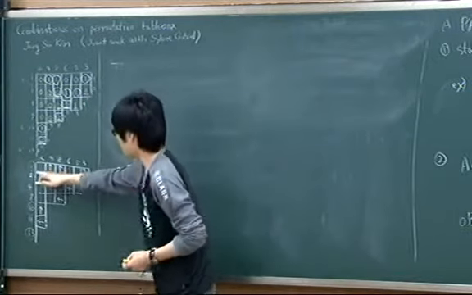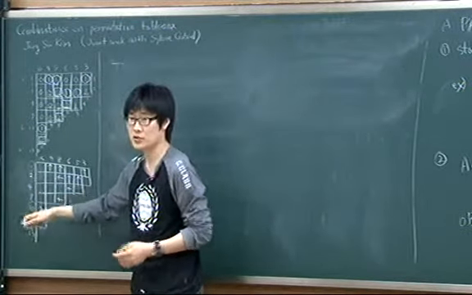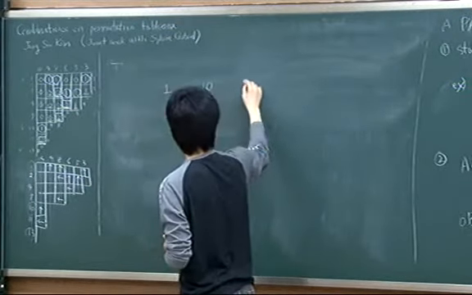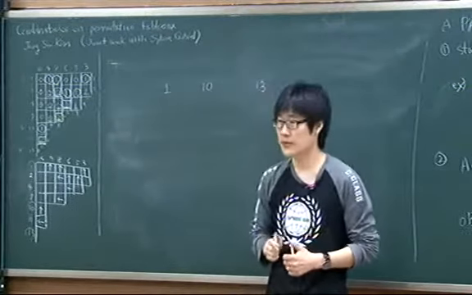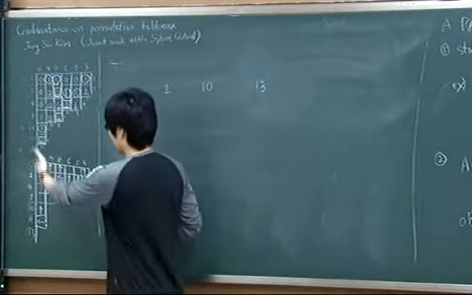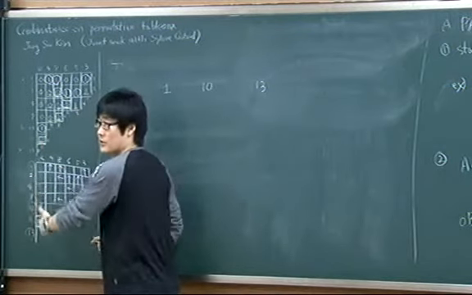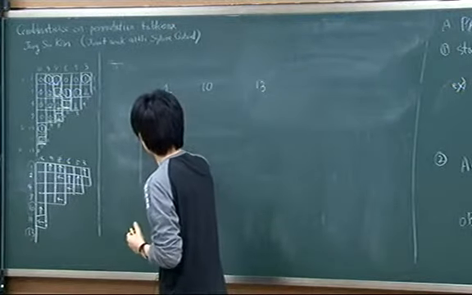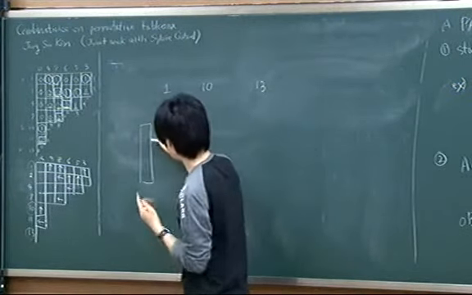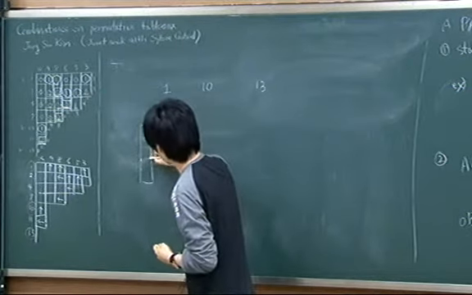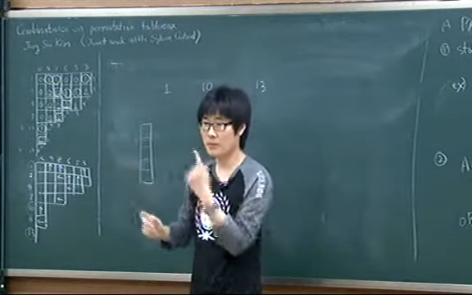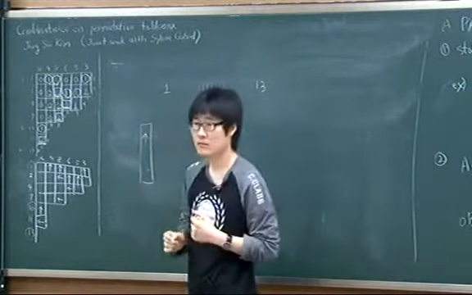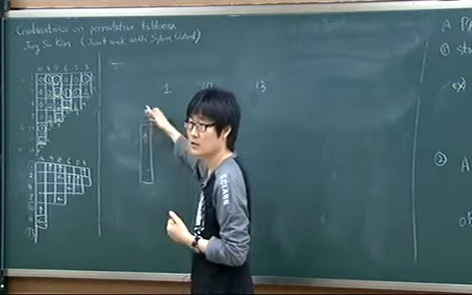First we arrange these integers in increasing order. So 1, 10, 13. Okay, this is the first step. And we will look at each column from left to right. Each column looks like this: each column has exactly one up arrow, and there's nothing above it.